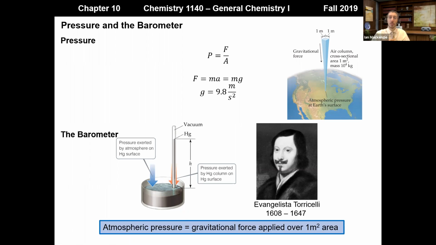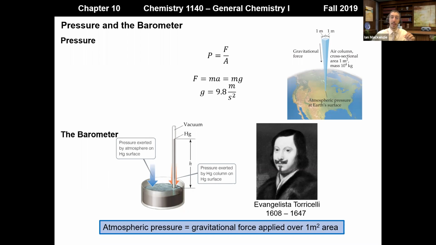And he argued this only makes sense if the atmosphere has actual mass and there's a pressure that's being exerted downwards, and that pressure ends up being equal to the pressure of that column of mercury, the pressure that's exerted by gravity pulling down on that column of mercury.